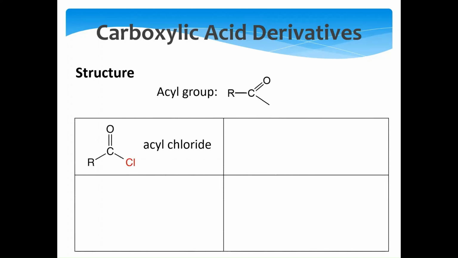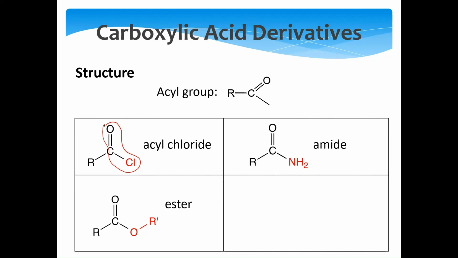I have a few examples of carboxylic acid derivatives over here. First one is an acyl chloride, where you would be able to identify the C double bond OCl group. Next, ester. This is not new to you. The ester bond is something we've talked about before. Then we also have amide, C double bond O NH2.